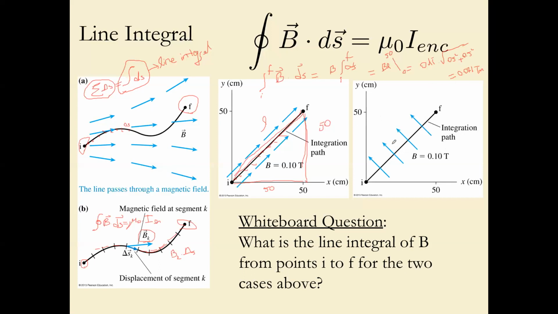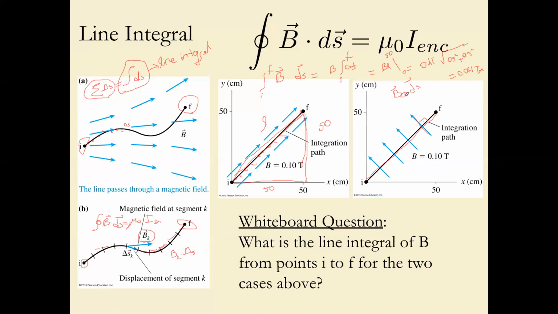What about the second one? This is the line integral, so this is the line between I and F. This is the magnetic field. So what is B dot ds? They are perpendicular to each other. For a dot product, the angle between the magnetic field and the length vector, ds vector, will be 90 degrees.